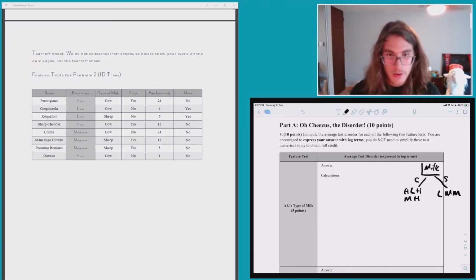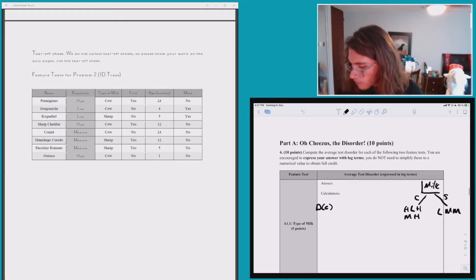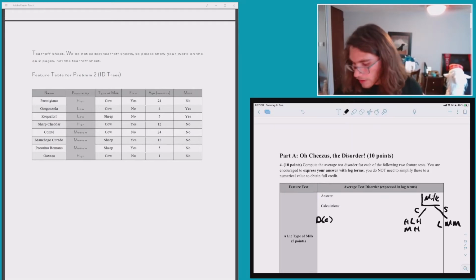First, I'll calculate the disorder for cow. So I have to calculate the branch. I think it's a good point first to review the equations.